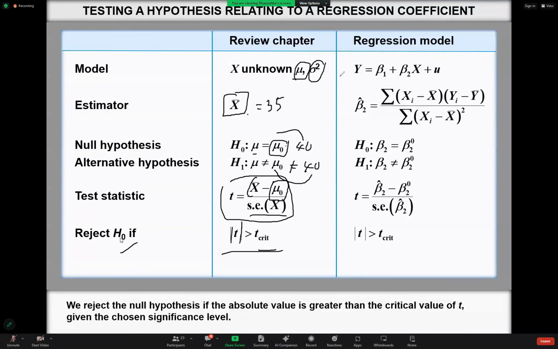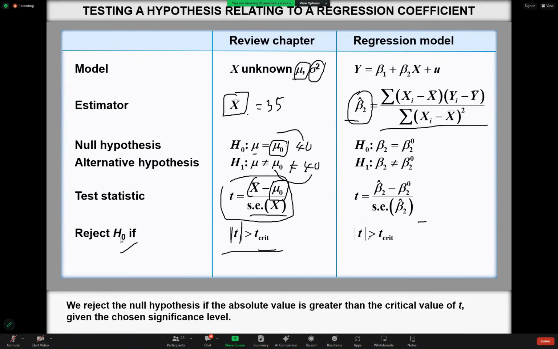Now we estimate the regression from the sample. Then the estimated regression coefficient is beta 2. This is the formula we have to use. Then we want to test whether this beta 2 is equal to some value or not equal. Now this is the formula.